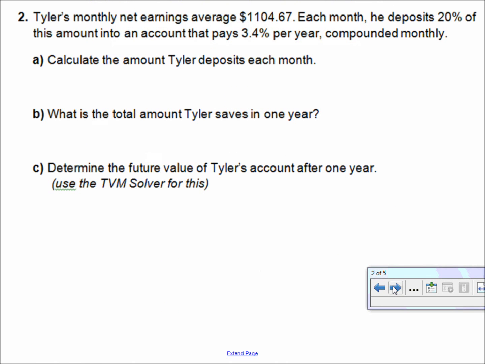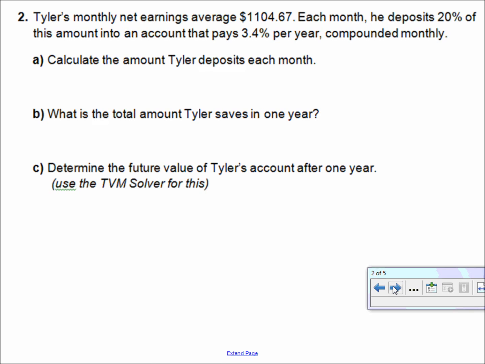Tyler's monthly net earnings average $1,104.67 each month. He deposits 20% of this amount into an account that pays 3.4 per year compounded monthly. Calculate the amount Tyler deposits each month.